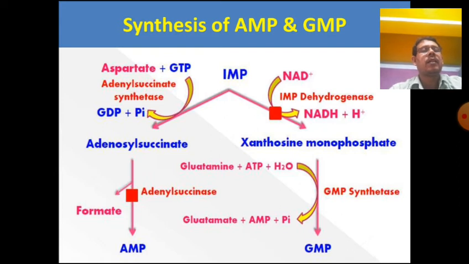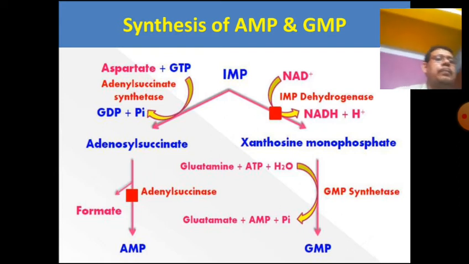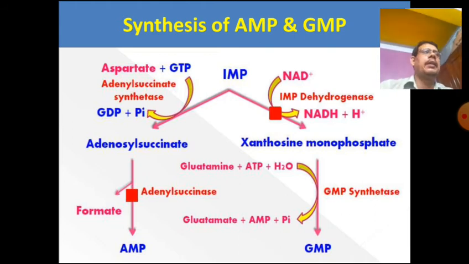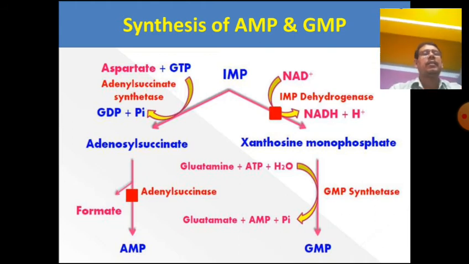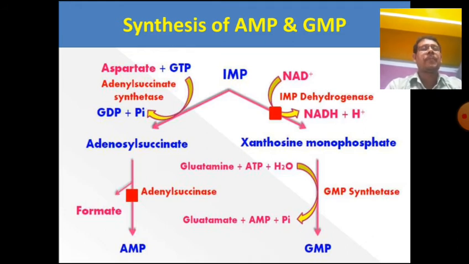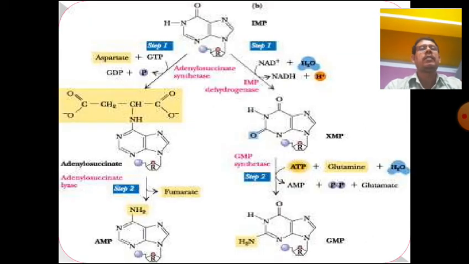By phosphorylation, GDP, and then GTP. This is the pathway for the formation of AMP and GMP, which are the precursors for the synthesis of bases for the nucleotides. And this is the structural formula of inosine monophosphate to adenosine monophosphate or guanosine monophosphate.